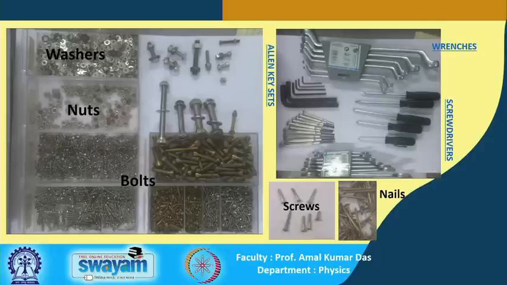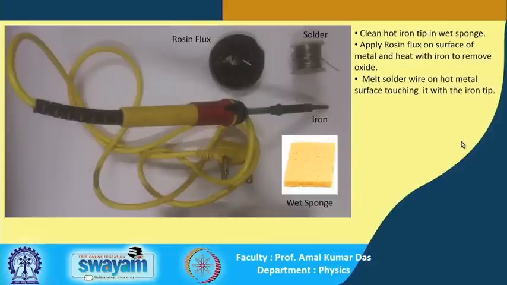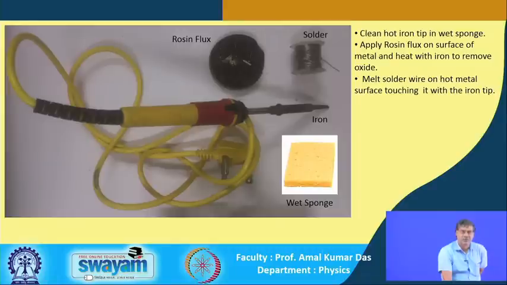Then if I go to the next tool, that is very important for the lab, what is called a soldering iron, right. You have seen this soldering iron in the lab, so you have to know how to use it. At least you should know the names of the different parts.